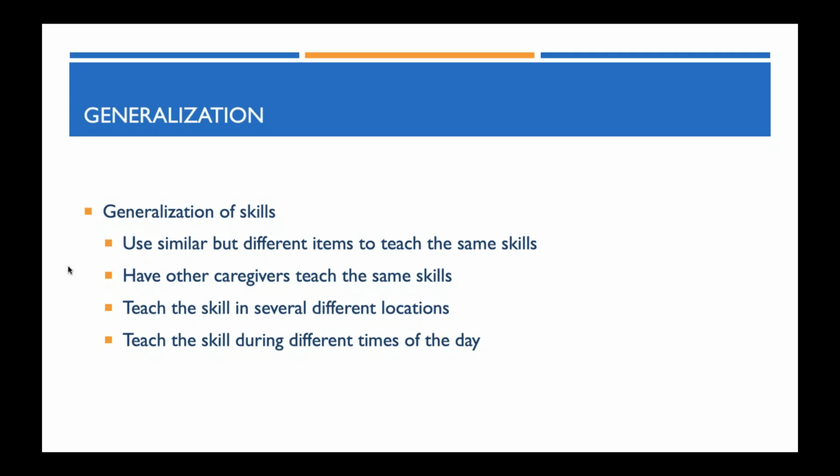So for example, if you're teaching hand washing, you can do it in different bathrooms, in the kitchen. You can do the skill when you're out in the community, because it all is going to be slightly different. So you want to make sure that they can do this skill across different locations, and also during different times of day.